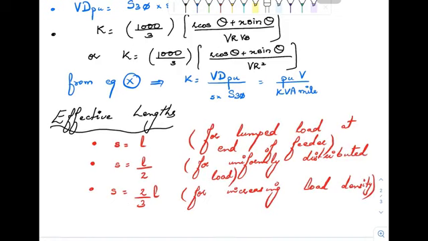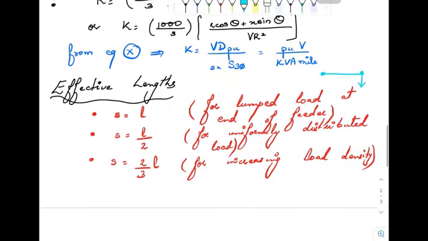Here you can see different cases in order to compute the effective length in terms of total feeder length. If the load is lumped at the end of the feeder, meaning the entire load has been lumped at the end of the feeder, then the effective length will be equal to the total length.